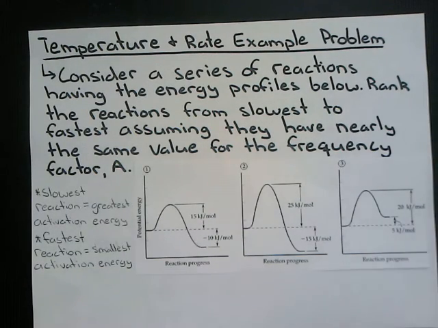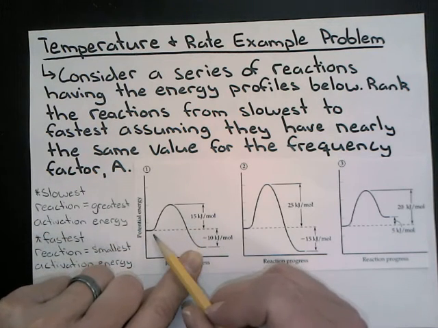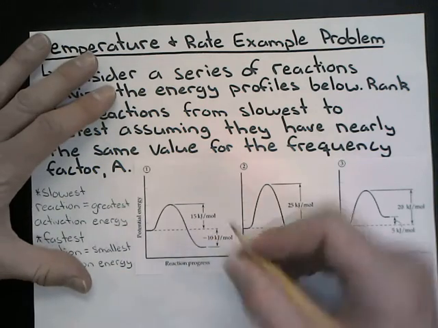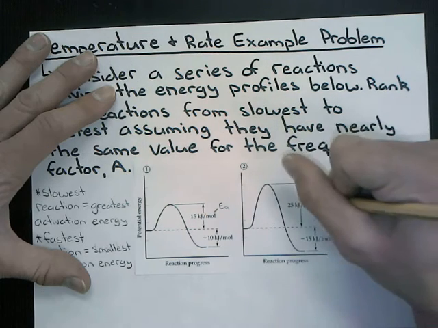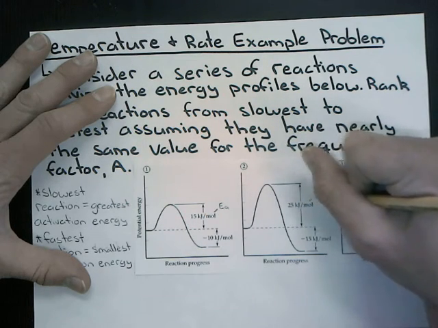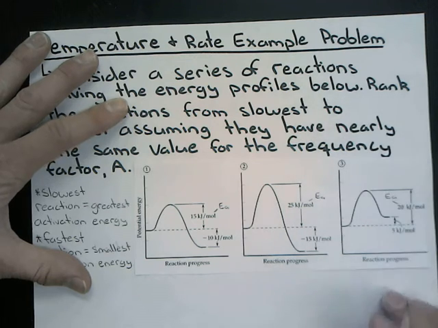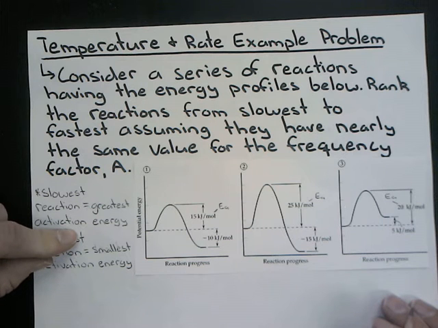So a couple of things here. The activation energy, remember, was from that starting line all the way up to that transition state. I'm going to mark that as our E A on each of these three diagrams. Again, the slowest reaction has the greatest activation energy.